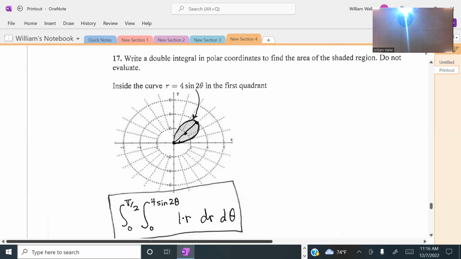If you let your angle go from 0 to 2 pi, you'll actually get all four quadrants, and so you would get all four leaves. But we only want one leaf, so the angle goes from 0 to pi over 2.